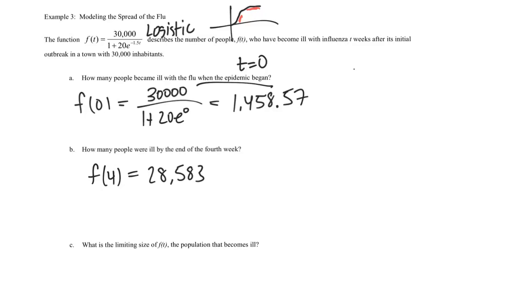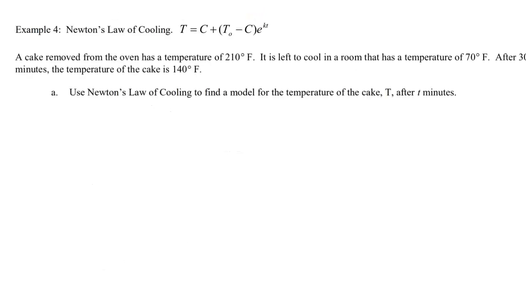In this particular case, because this town has 30,000 people, we know that more than 30,000 people can't get the flu, because there aren't more than 30,000 people in the town. And so our answer here is just going to be based on the context of the problem, which is going to be 30,000.